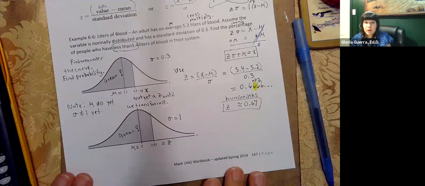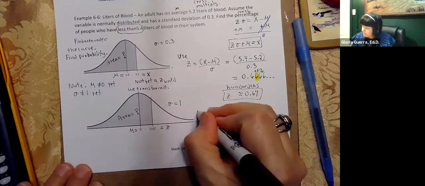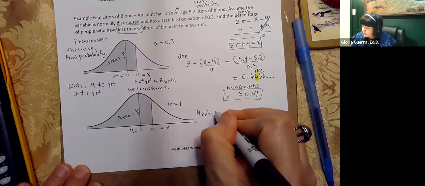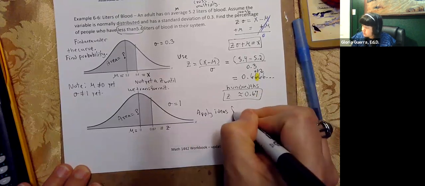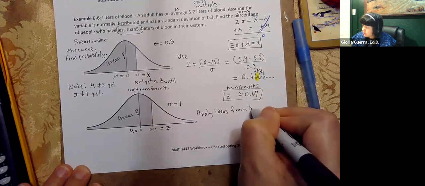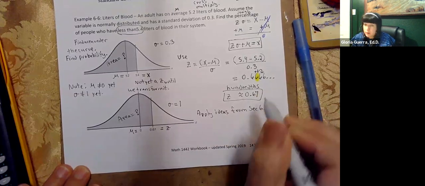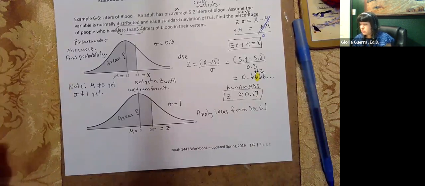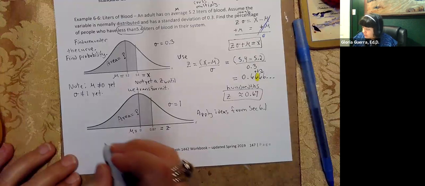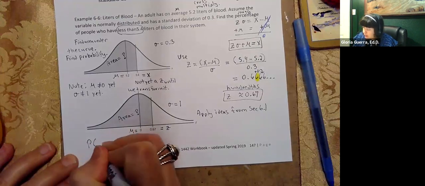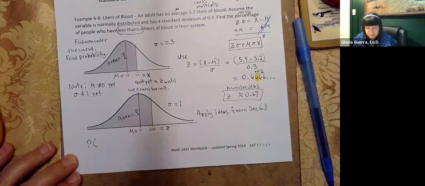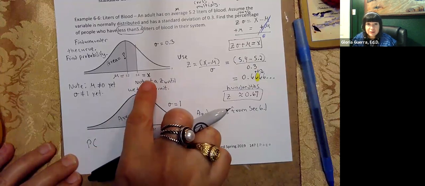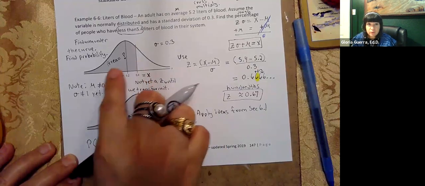Okay. But now we can apply ideas from section 6.1. So in 6.1, we did the table first, and then I did the calculator. So I'll do the same thing here. I have to show you both ways. And so when you write this up, I'm going to start with probability. Originally, the way it was given, we had an X that was less than 5.4. We're trying to find this area.